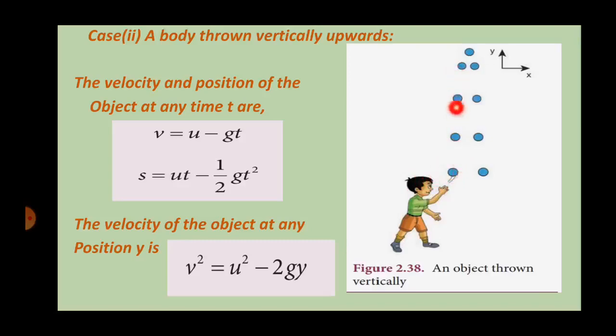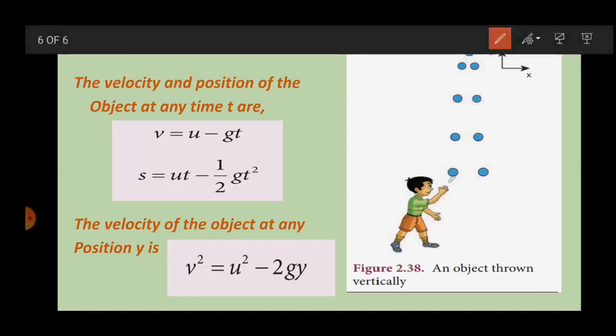The acceleration due to gravity is in this negative y direction. Now see, this is the positive y axis and this is the negative y axis. So acceleration here is minus g. Now here acceleration is plus g.